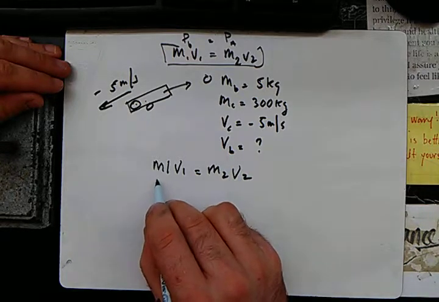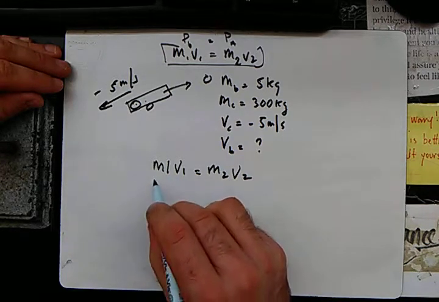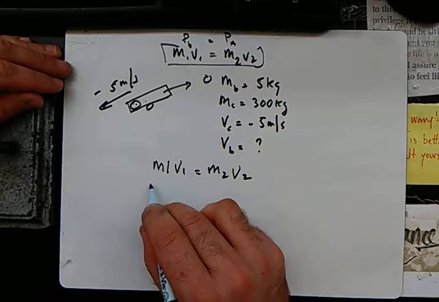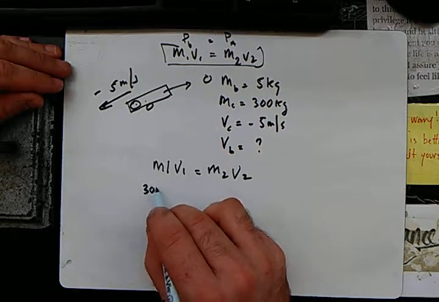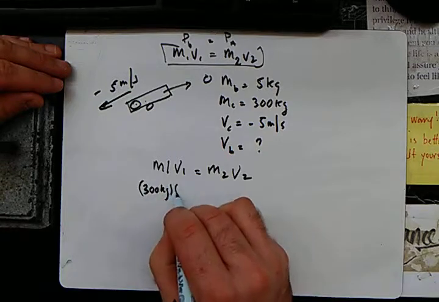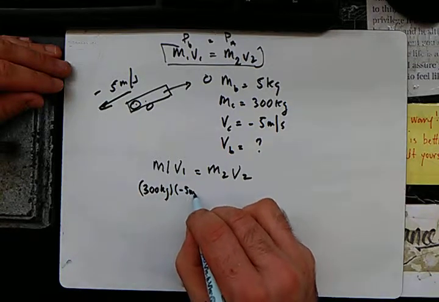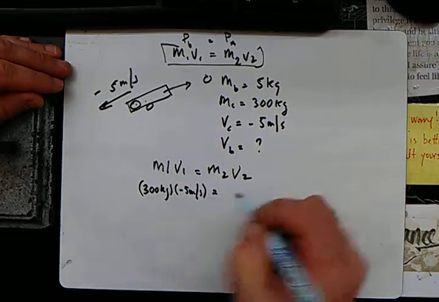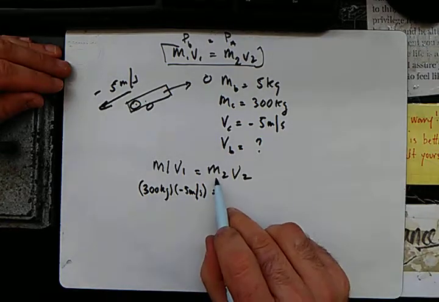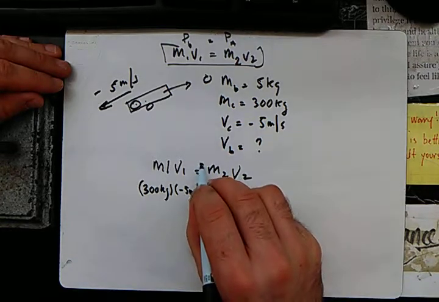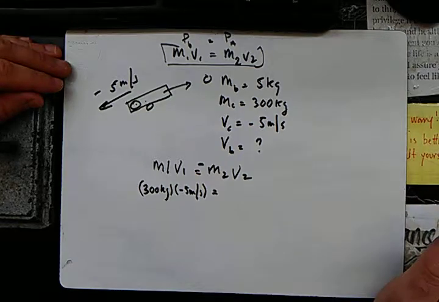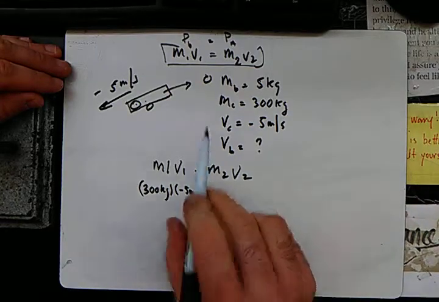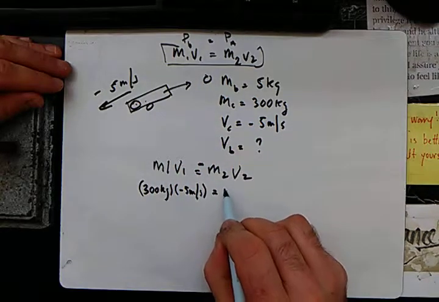Let's just find the momentum of the system first. So we've got 300 times -5, equals, and we're going to put a negative sign in here because we know the ball is going to go the opposite way.